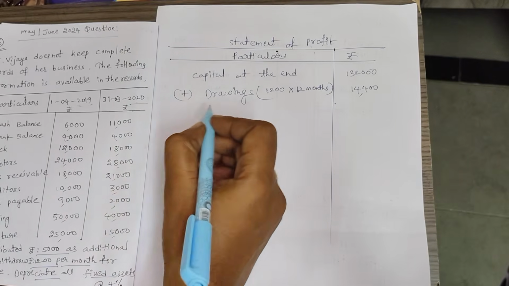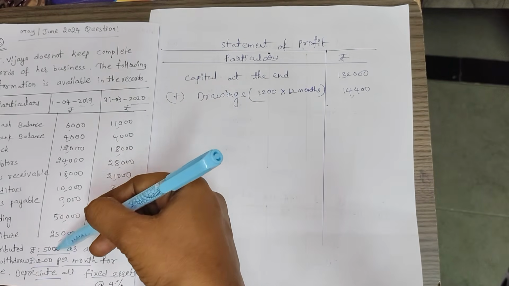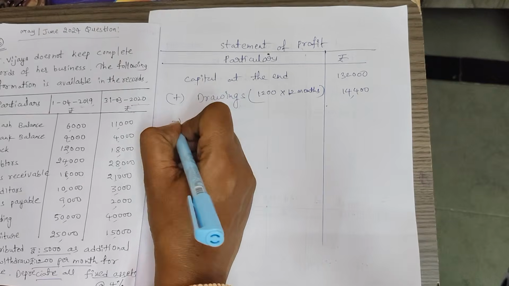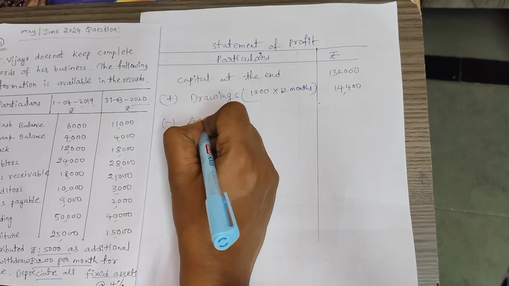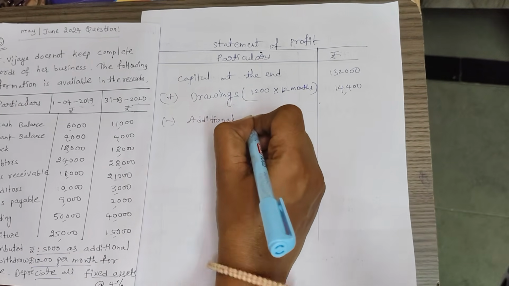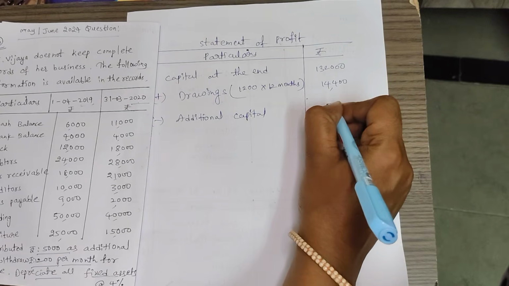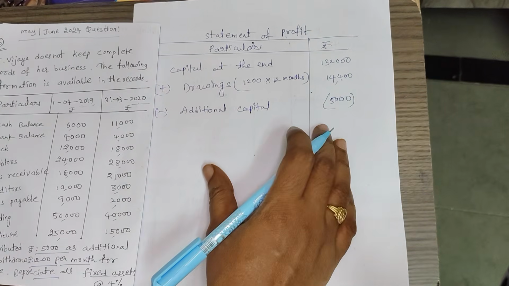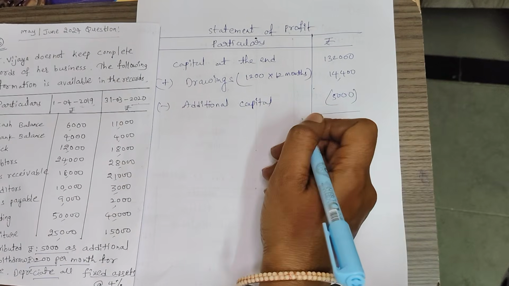Okay. So is there additional capital? Yes, we have additional capital is 5,000. So what we should do with the additional capital? We need to deduct additional capital according to format. Amount 5,000. So you have to deduct, that means you need to write in the bracket. Okay. So after deducting this value, you will get adjusted capital.